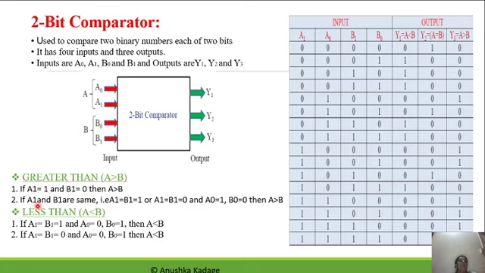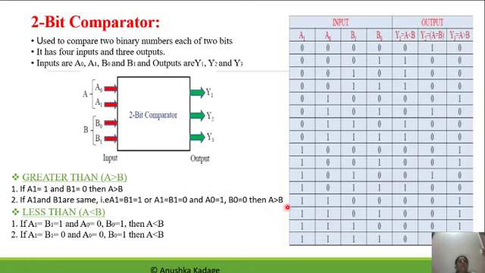The second condition is when A1 and B1 are same, and A0 is 1 and B0 is equal to 0.